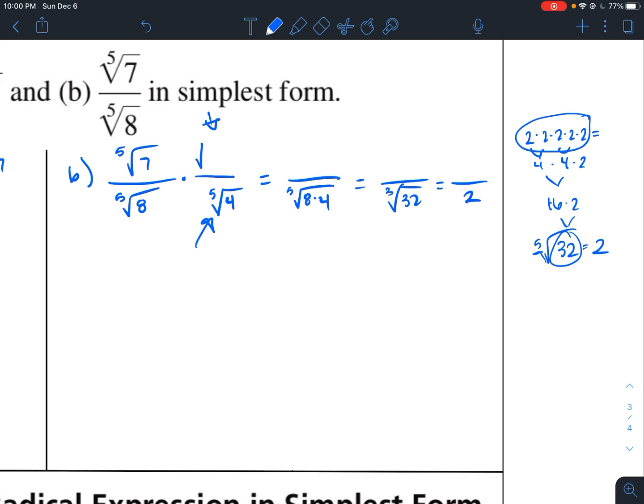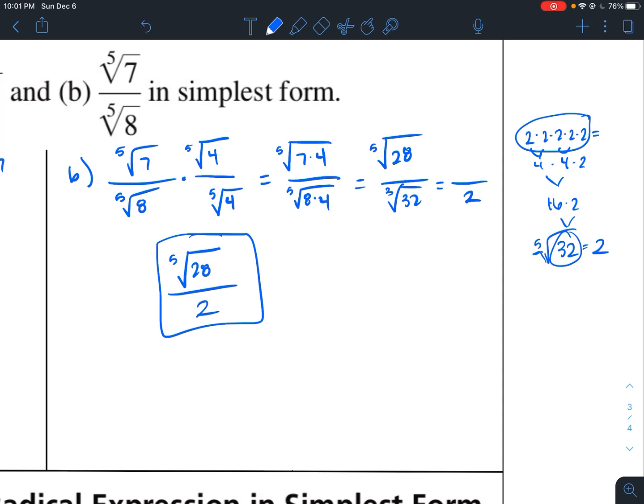So I have to multiply this by the fifth root of 4 as well. So now I have the fifth root of 7 times 4, which is equivalent to the fifth root of 28. So at the end I will have the fifth root of 28 divided by 2. And I can't take the fifth root of 28, and that's as simplified as it can go. So that would be my answer.